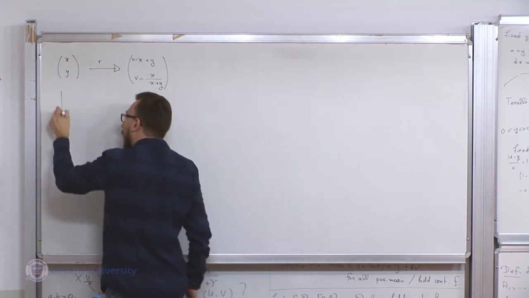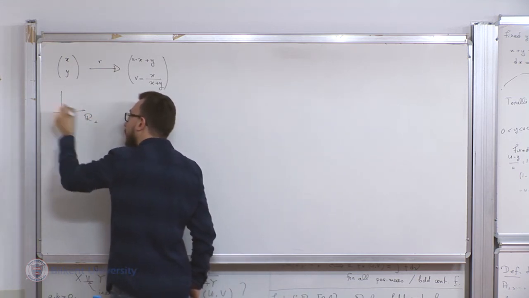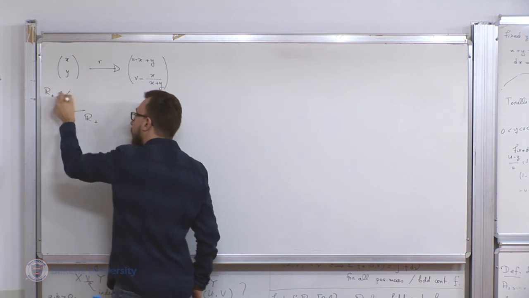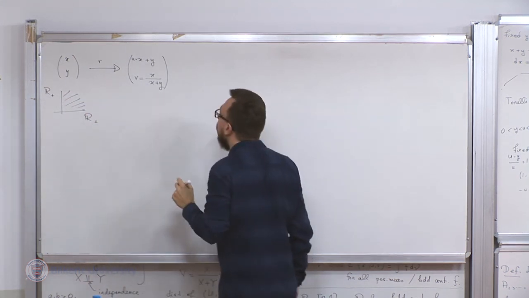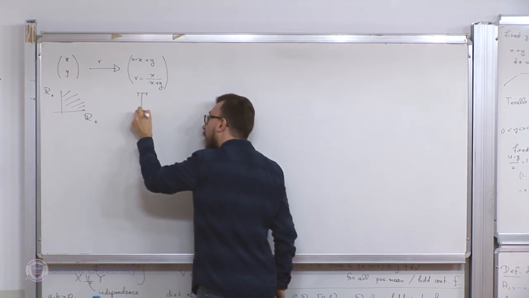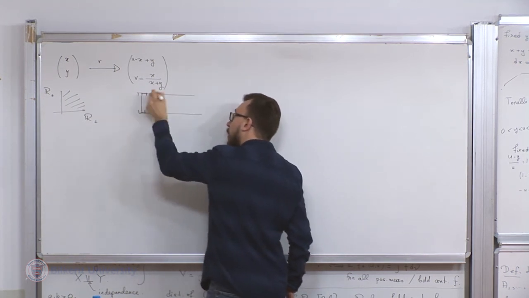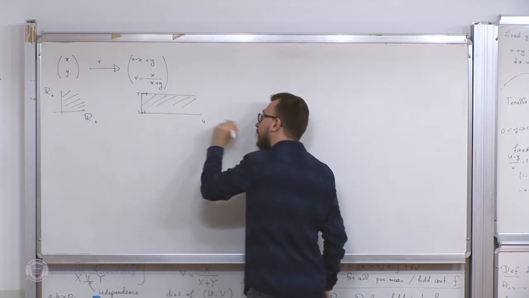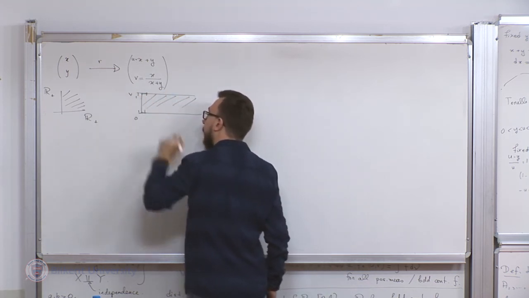So while x, y live in R plus cross R plus, u and v live in this space, right? u is positive, v is between 0 and 1.